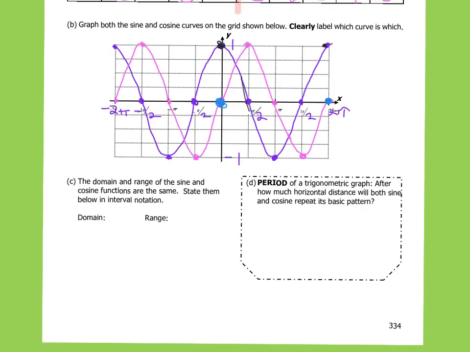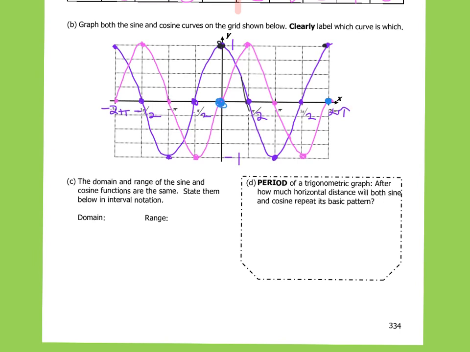The next section wants to know the domain and range of the sine and cosine functions. All right, so let's start with the domain for the cosine. The domain on both of these, I think, is pretty straightforward. Now, remember that domain are the x values.